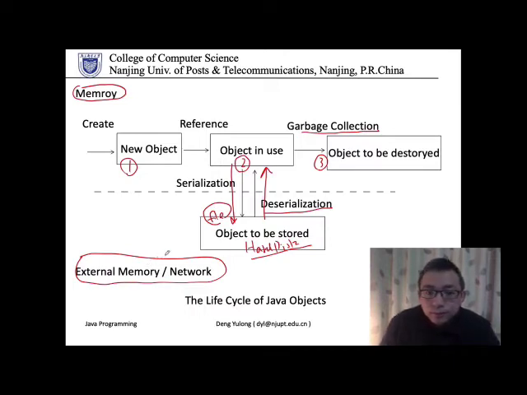Well, I will give an example about the life cycle, how the life cycle is used in a real application. Now we have an example for all of you. That example is online shopping.